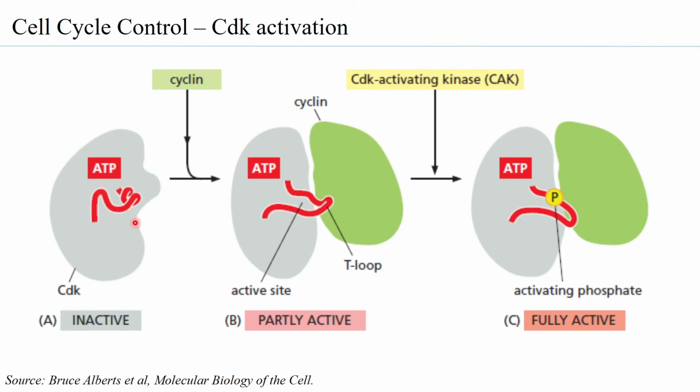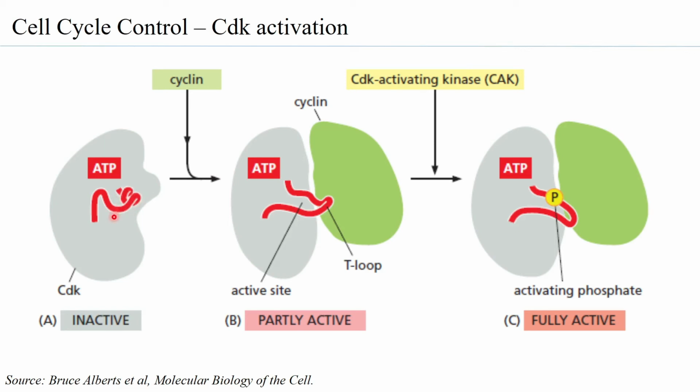So therefore, the active site of the CDK will have an ATP binding site, but the active site in the inactive CDK is being covered by a protein that has formed a loop. So one of the polypeptides of the CDK forms a loop.